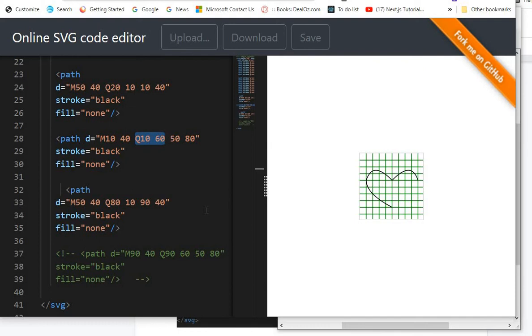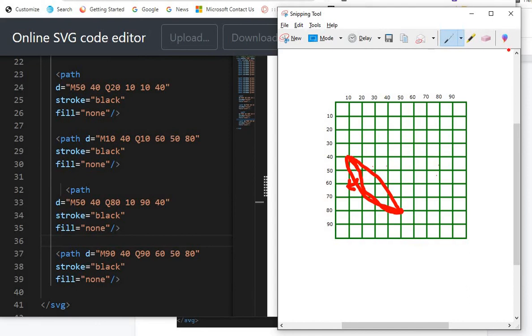And that is it. Now what about the other part, the last part here? Let me get that one too. The starting point of that one is at 90 and 40.